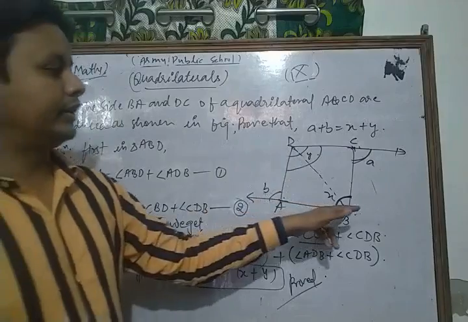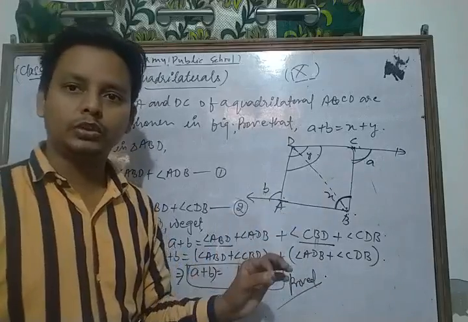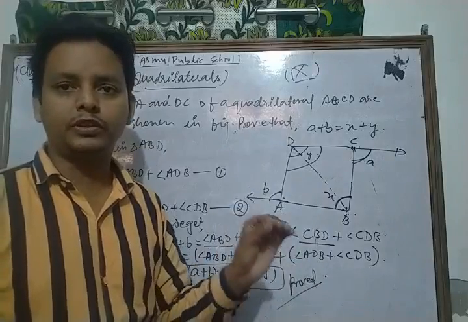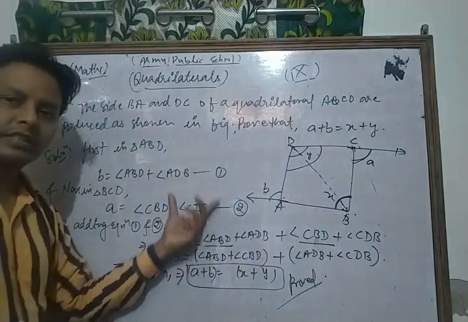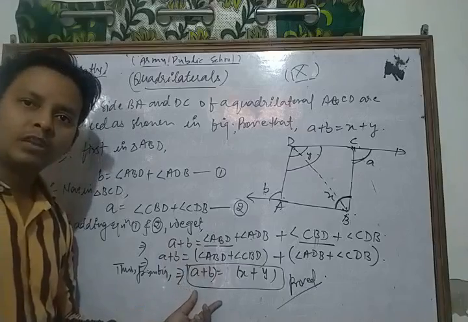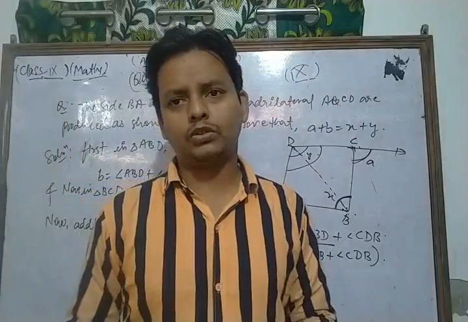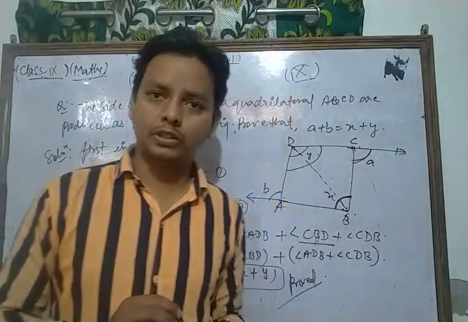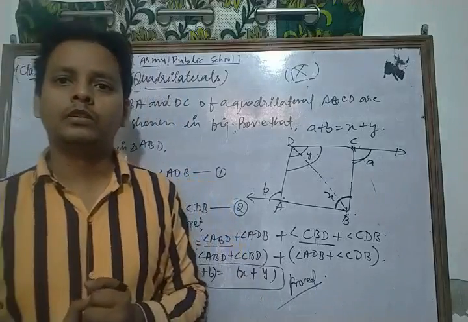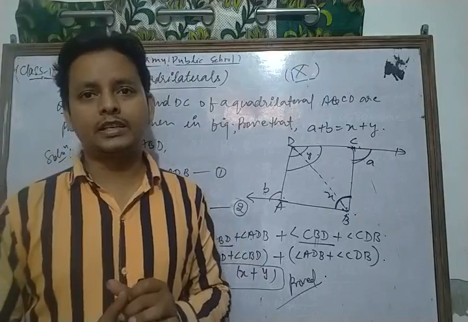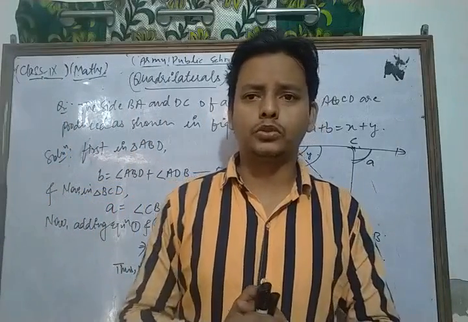Similarly, we take triangle BCD and again apply the exterior angle property, and you know that the exterior angle is equal to the sum of its two opposite interior angles. So we form two equations and adding them, we get our result. First revise all the questions and complete your NCERT exercise based on the quadrilateral. In the next class we take and solve some other important questions related to it.